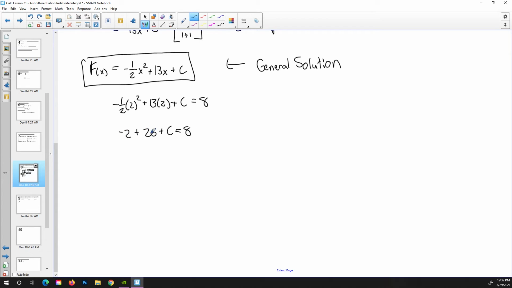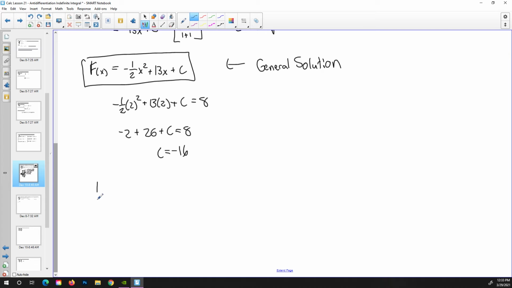Negative 2 plus 26 is 24, and then I would subtract to get c by itself. So 8 minus 24 is going to be negative 16. And we get c equal to negative 16.